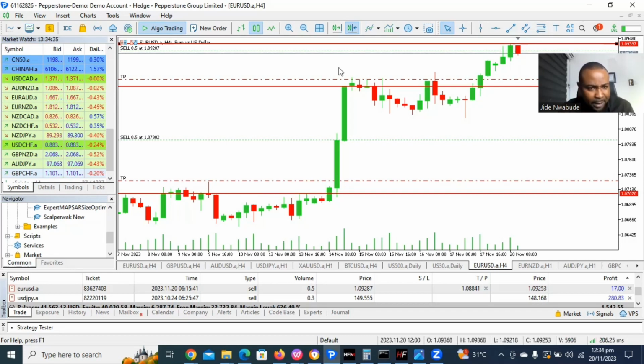So on my 4 hours, now if this bearish candle forms and it engulfs this, again, we're going back to Friday's lesson. If this candle, at the end of it, engulfs this candle, what does that mean? It means that the sellers in the market have completely engulfed the buyers.